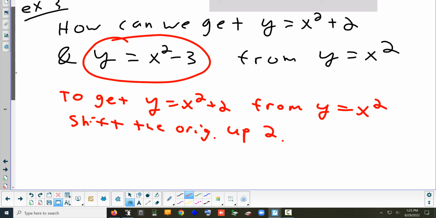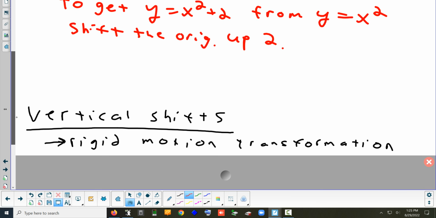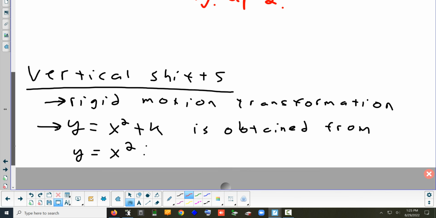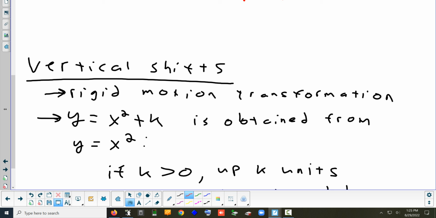So adding and subtracting a number on the end is a vertical shift. And this one is pretty straightforward. If you see plus a number, it goes up. If you see minus a number, it goes down.